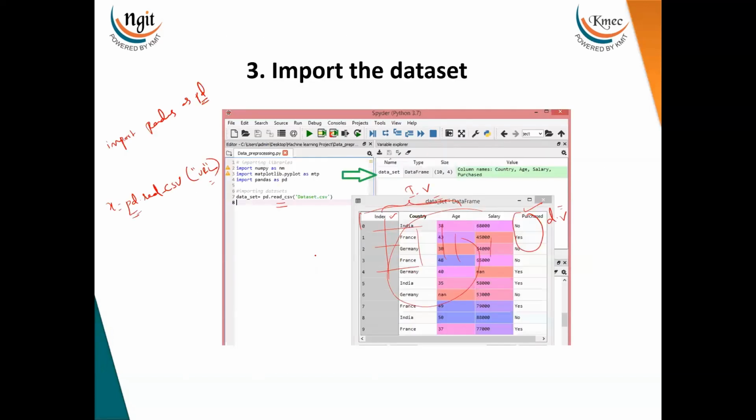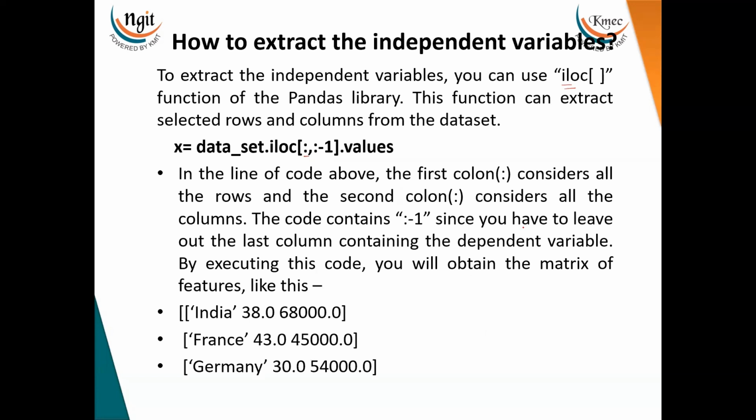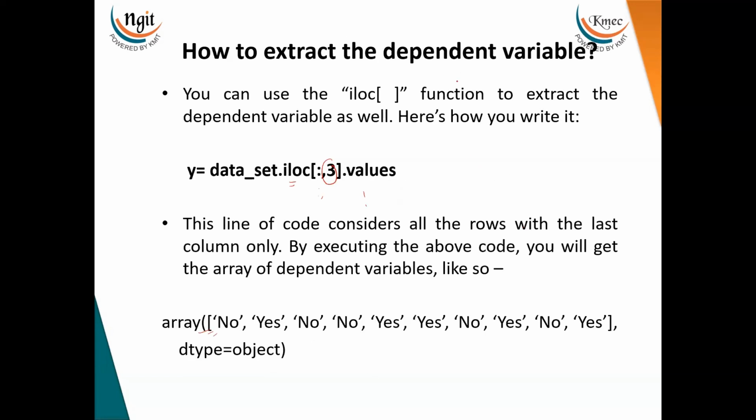In this example, it is all the rows of this third column. That is how we extract the dependent variable using the iloc function. So whenever we upload a data set, we have to extract the independent variable as well as the dependent variable.